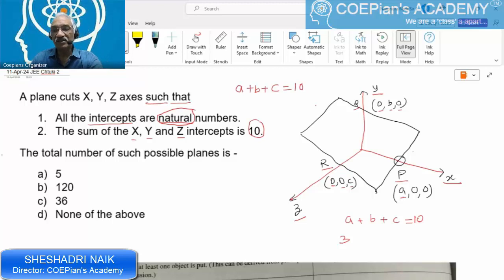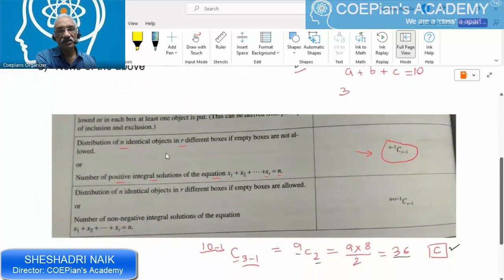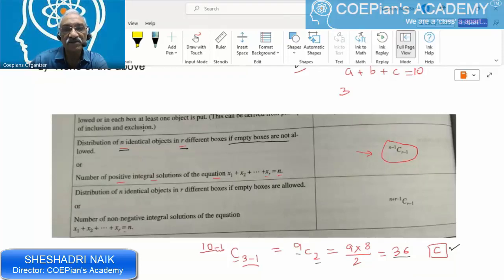So in the conventional solution, which we will look at, we use a formula which is shown here. It says that the distribution of n identical objects in r different boxes, if empty boxes are not allowed, is given by n-1 C r-1.